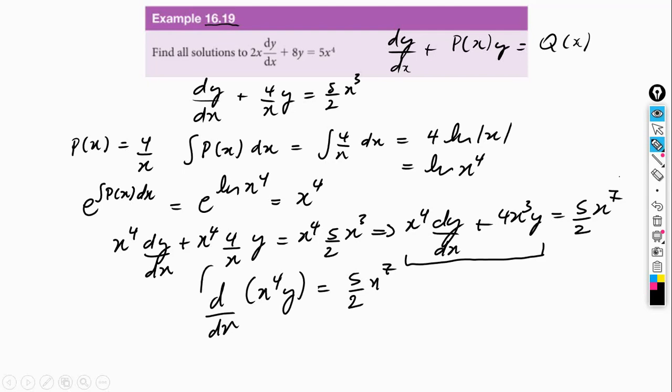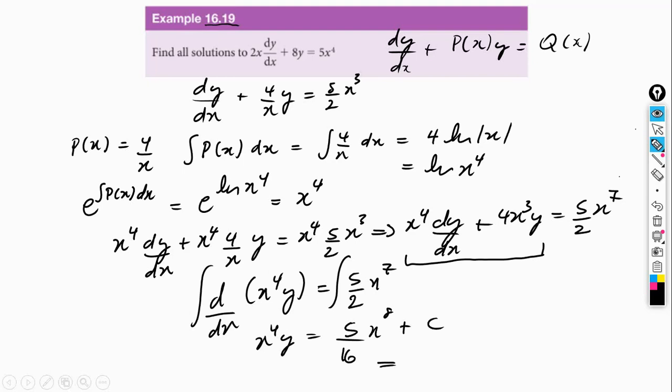So again, we integrate both sides. And on the left-hand side, we're going to get x to the 4 times y is equal to 5 over 16 x to the 8 plus an arbitrary constant c.